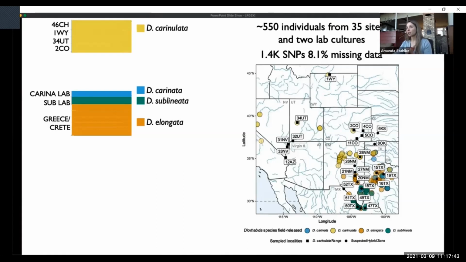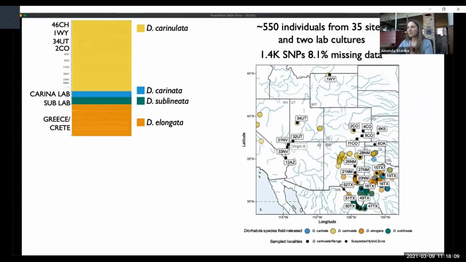We have Cernulata in 1 Wyoming here, where only Cernulata was released, similarly in 34 Utah, 2 Colorado. And we can make the same assignment for these clusters of Carinata, Sublineata, and Elongata in blue, green, and orange, respectively. Okay, and then all of these Cernulata sites are indeed Cernulata.